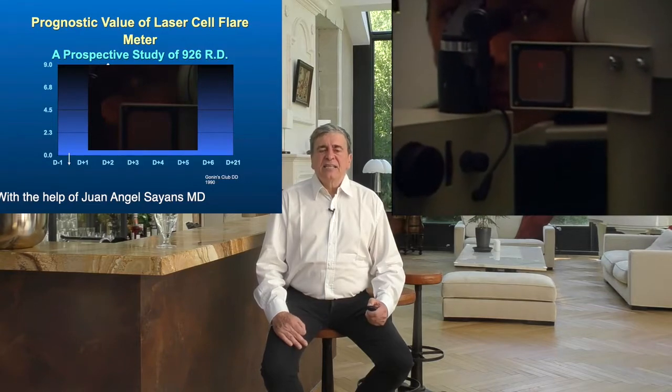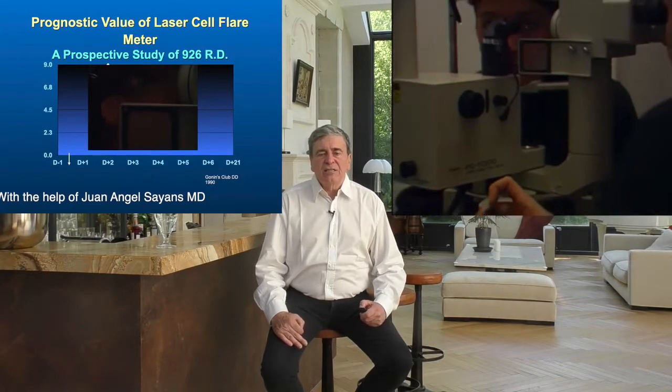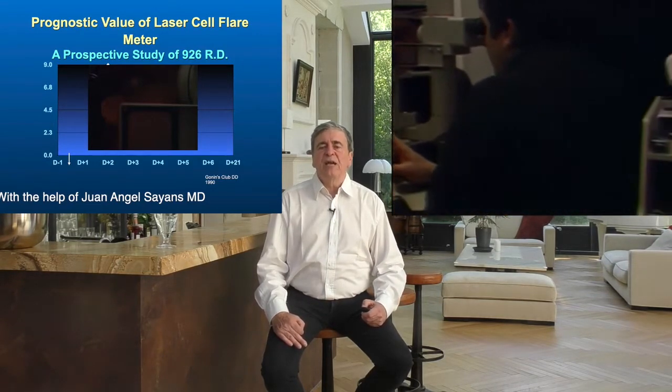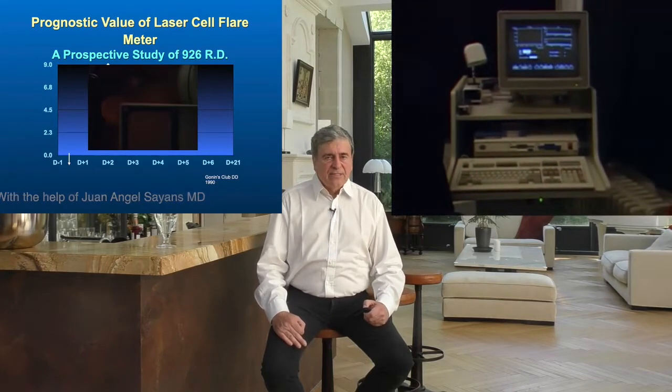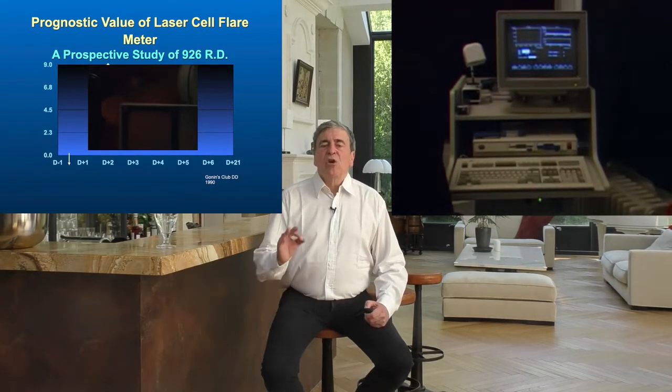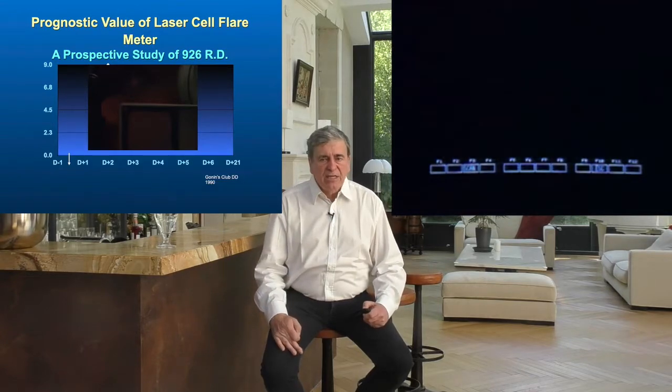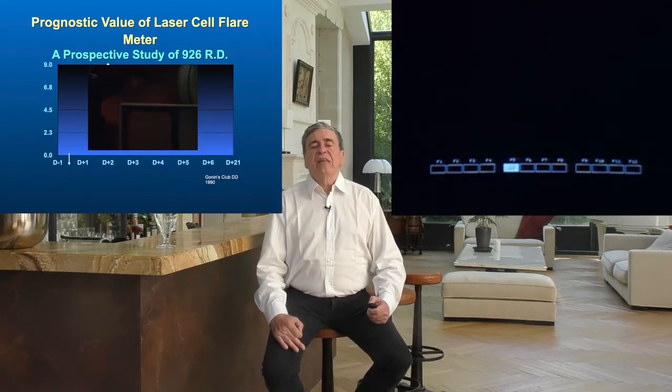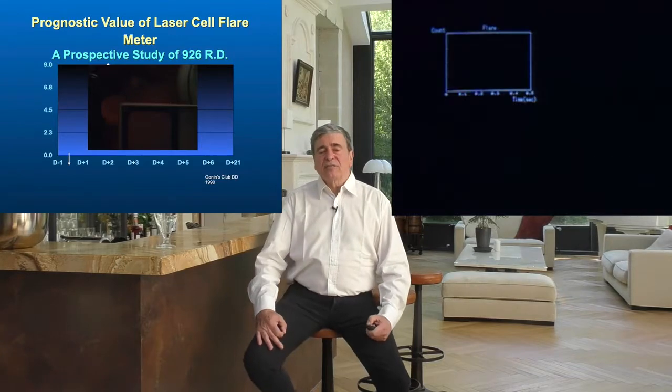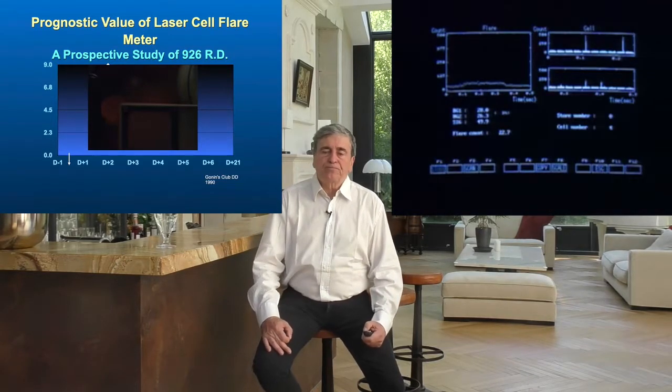This device is an instrument that can objectively quantify in the antechamber of the eye the flare, that is to say the protein concentration reflecting blood-aqueous barrier breakdown, and the number of inflammatory cells, histiocyte or macrophage.